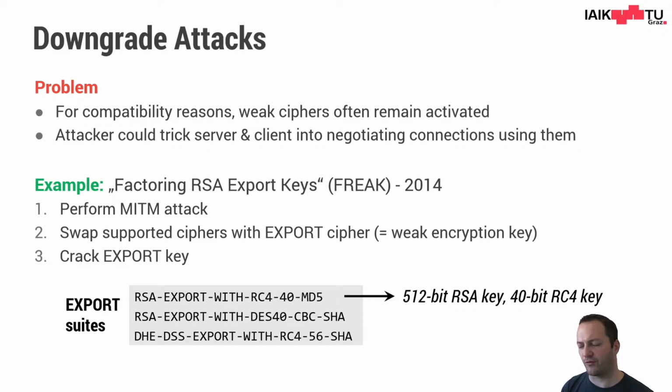And you might wonder, what is an export cipher? Just a quick story on that. In 1991, Phil Zimmermann presented the PGP encryption solution, and the NSA was afraid that they could not break it.